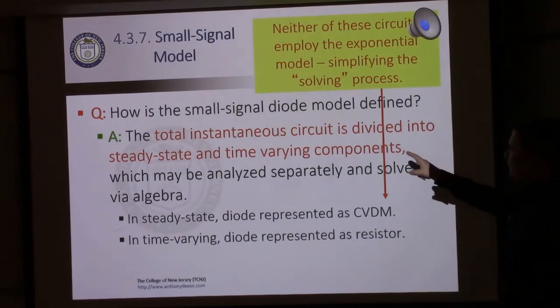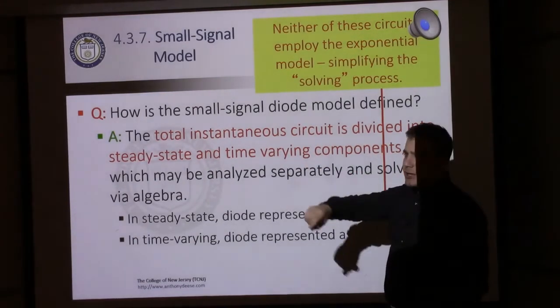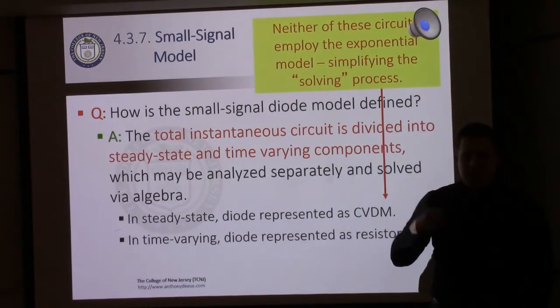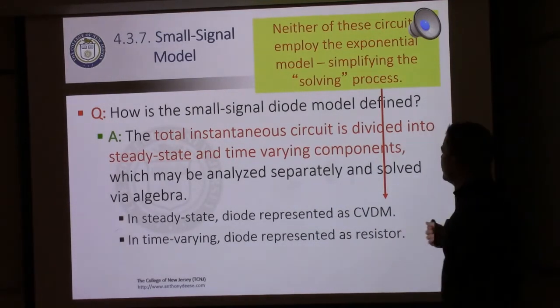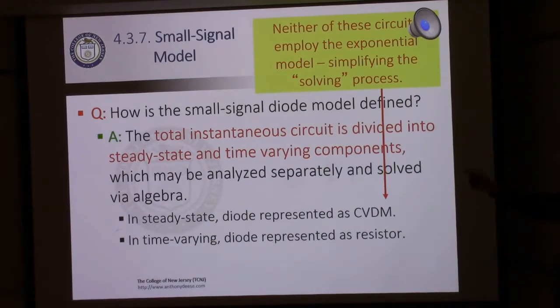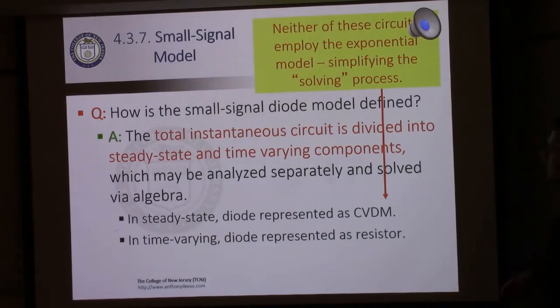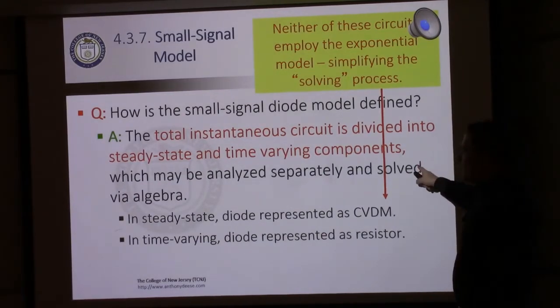So the total instantaneous circuit, total instantaneous just means everything, so what you would see if you were looking at the input or output on an oscilloscope, is divided into, like I just said, the static or steady state and time varying components, which may be analyzed separately and solved via algebra. Now, why can we do this?